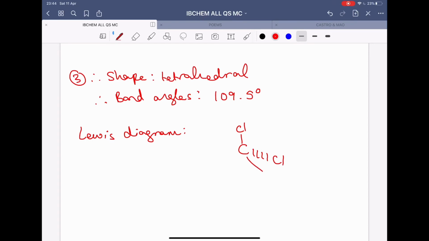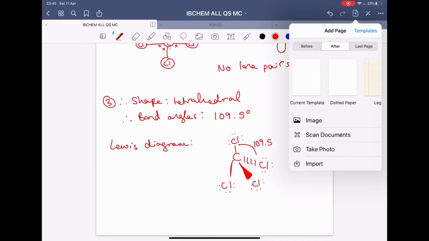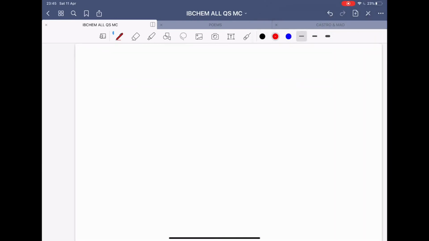Remember that the dotted broken line is to go back and the coloured in triangle means to go forward, just to make it a slightly 3D diagram. And remember the bond angle is 109.5, and always remember in Lewis diagrams you have to draw all of the valence electrons. Even if it's not the central atom, chlorine, you have to show that there are still 6 electrons not bonded, 6 valence electrons of chlorine.